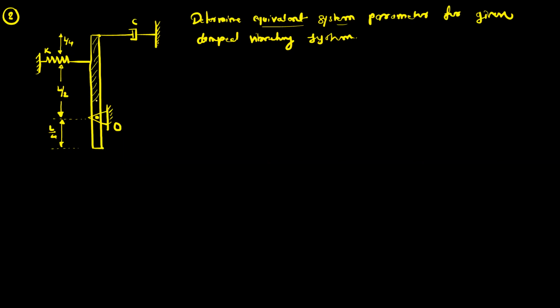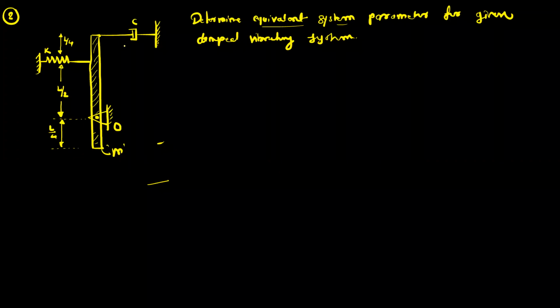This is the rod having mass m. This rod is pivoted at a distance L by 4 from its one end, and it is connected with a spring and damper, the spring having stiffness K and the damper having constant C.